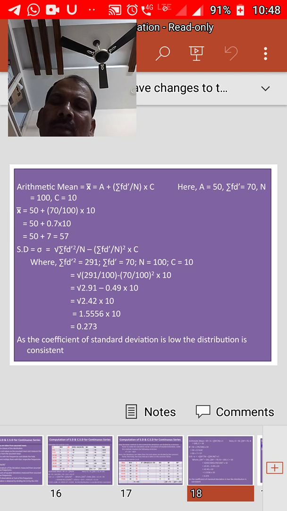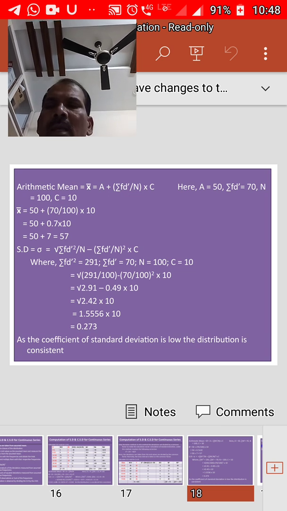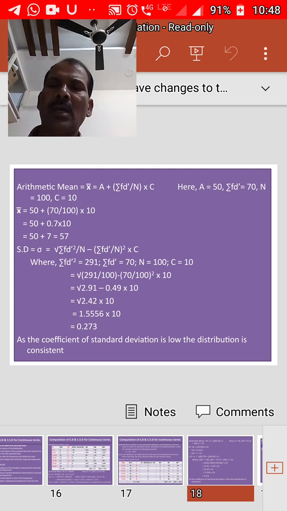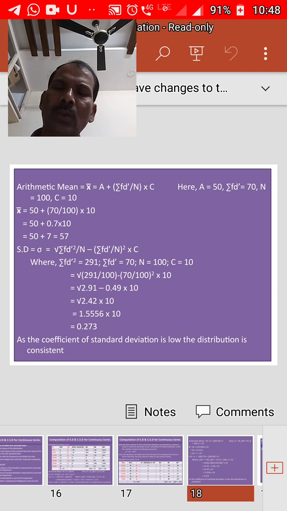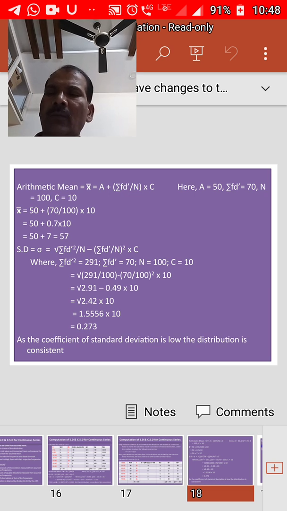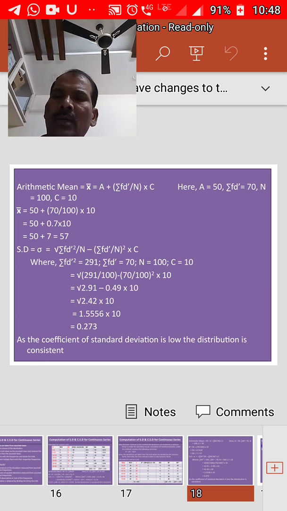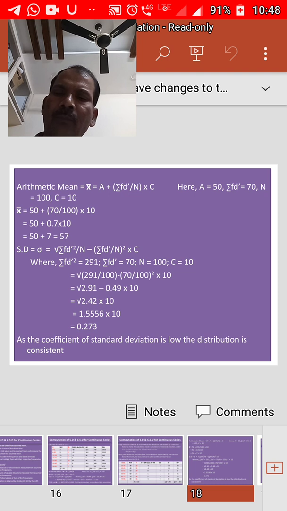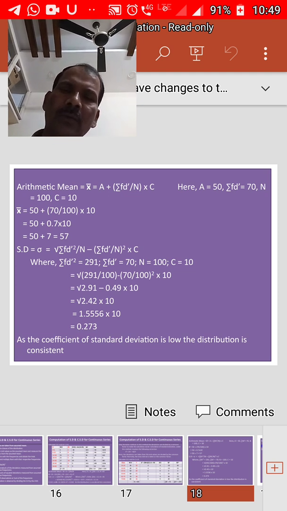Sigma f d dash square is 291, sigma f d dash is 70, n is 100, c is 10. Substituting, sigma is equal to under root 291 by 100, that is 2.91, minus (70 by 100) whole square, that is 0.49, into 10. Under root 2.42 is equal to 1.5556, into 10, which is equal to 15.56.